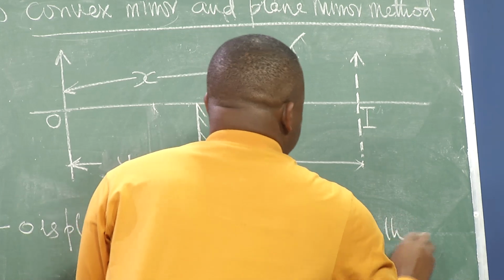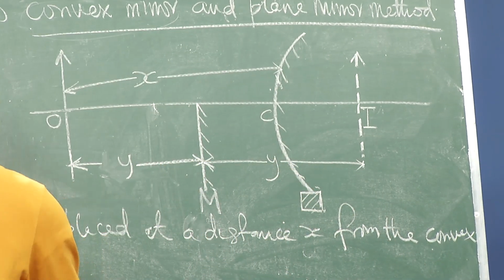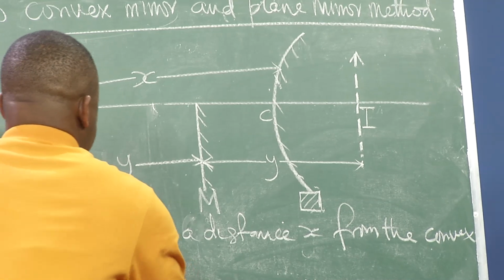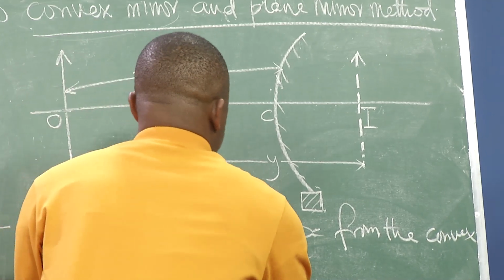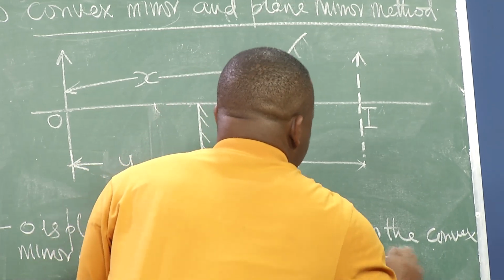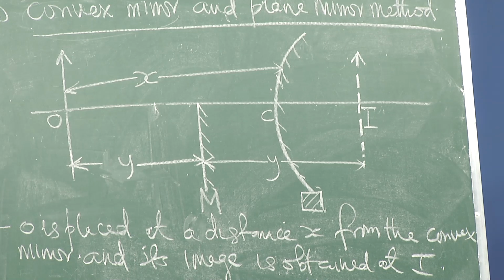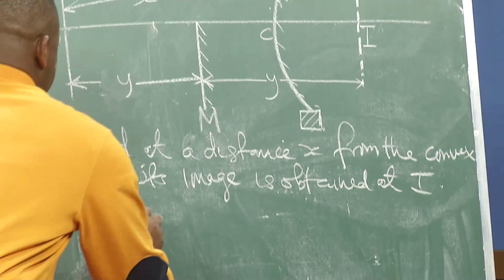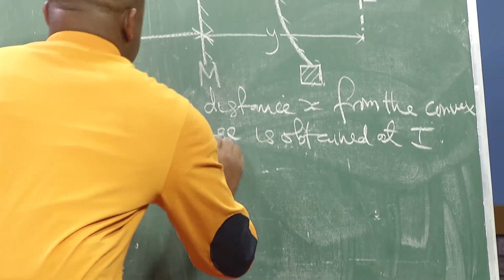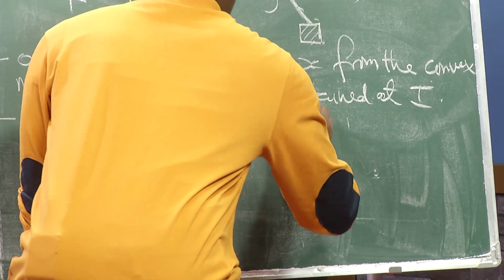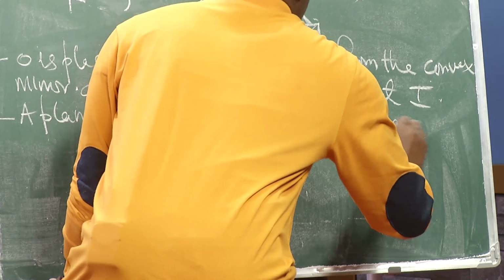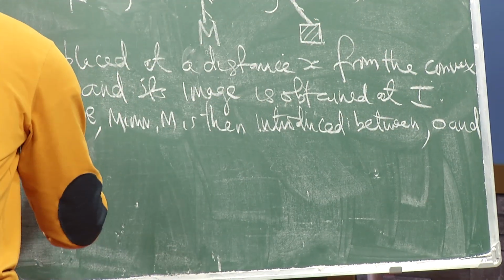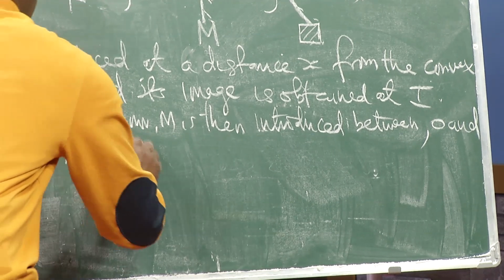From the convex mirror, and its image is obtained at a position I. A plane mirror M is then introduced between O, I'm referring to O as the object, and C, facing the object.